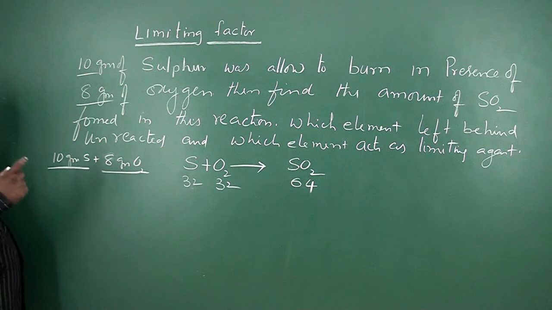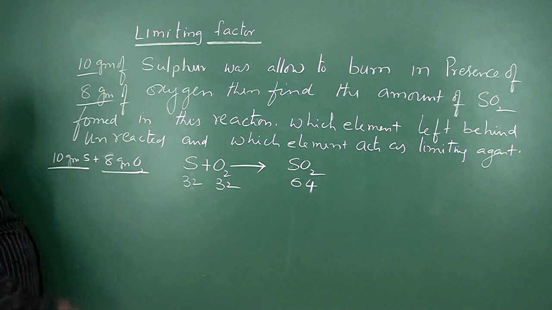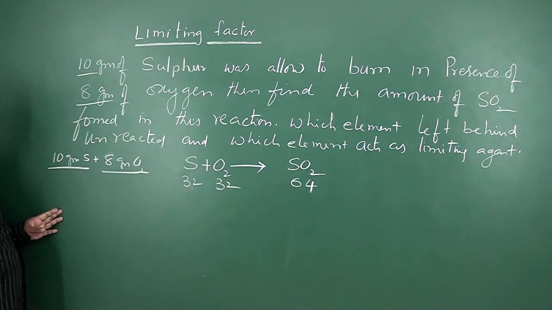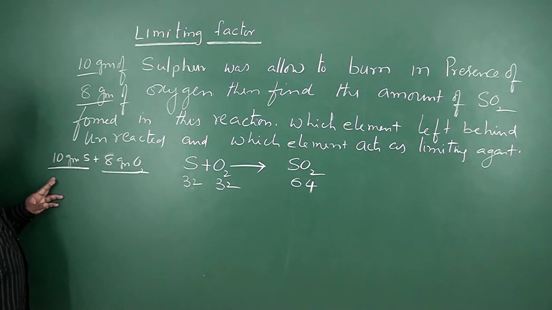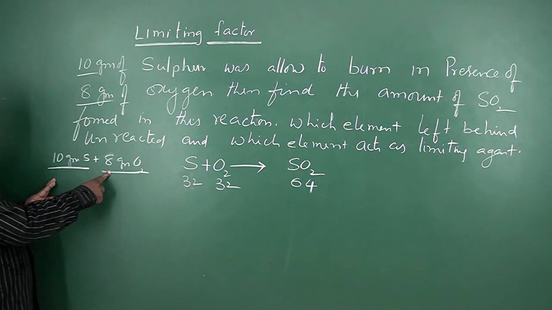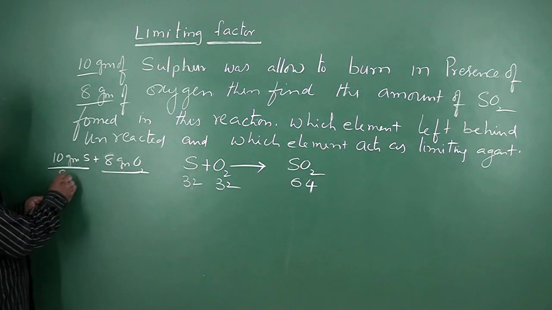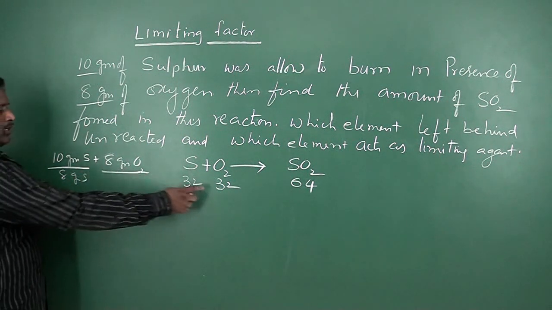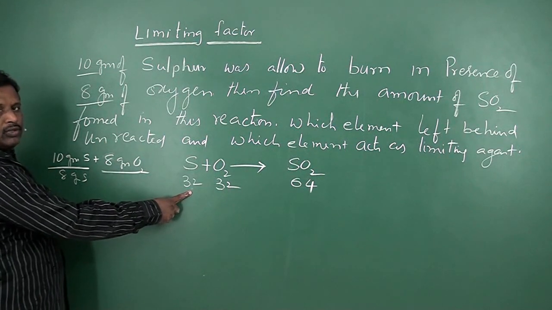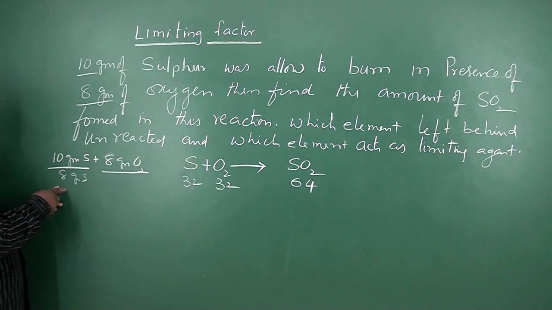That means they react with each other in equal mass ratio, that is a 1:1 ratio by mass. But here 8 grams of oxygen is there, but 10 grams of sulfur is there. So, it is easy to identify what amount of sulfur will react here, because 8 grams of oxygen can burn only 8 grams of sulfur, because 32 grams burns 32 grams. So, 8 grams will burn 8 grams only.